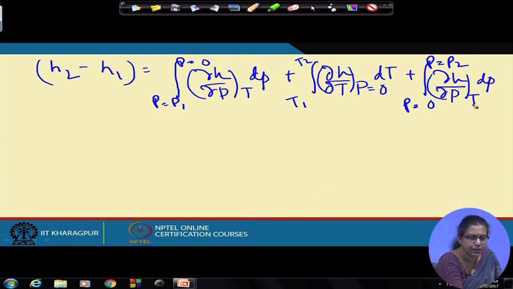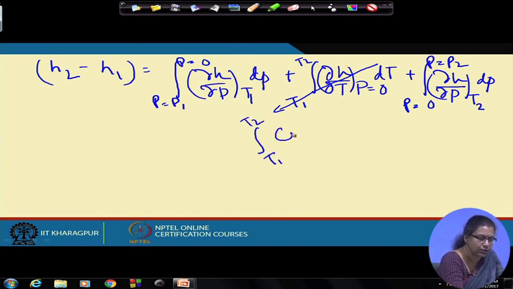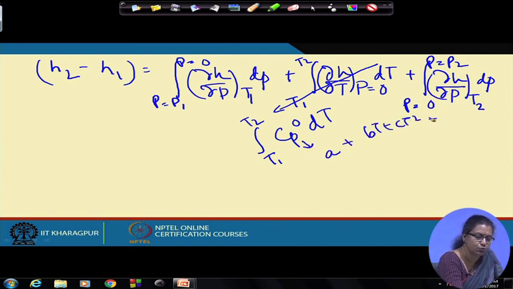So, this would be at T2, this would be at T1, and we know the value of this now. This is nothing but equal to the integral from T1 to T2 of Cp0 dT, and all of us know that Cp0 is a unique function of T. Normally, Cp0 is given by a plus bT plus cT square plus so on and so forth.